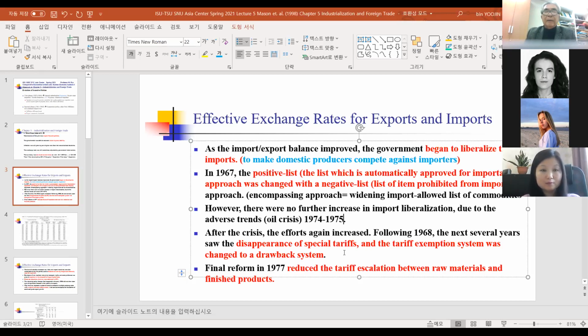They put 500% or 300% tariffs. These started to disappear. Normalization of tariffs. And instead of the tariff exemption system, the drawback system is a kind of refund system.